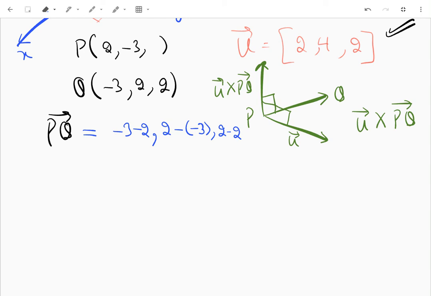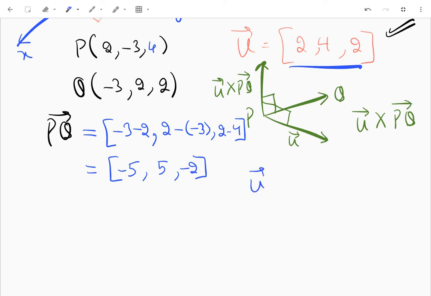Instead of this 2, let's take 4, so now I'll have 2 minus 4. Just for a better explanation, let's not make it 0. So this becomes negative 5, positive 5, negative 2. So this is our vector PQ, and this is our vector U.